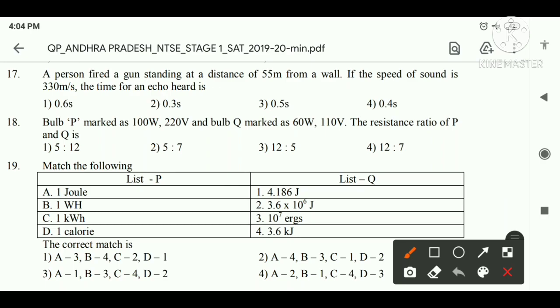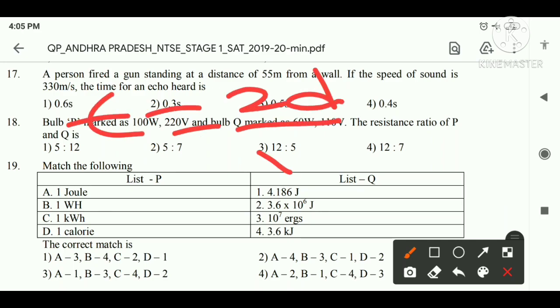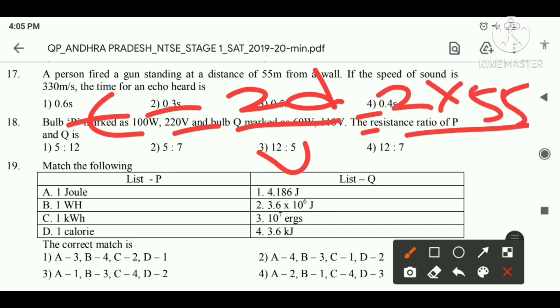Put the value. Here d is the distance the sound wave traveled back and forth, and v is the velocity, t is the time it takes the sound to go back and forth. Here write down the formula. T is equal to 2d by v, because back and forth. So here it is 2 into 55 divided by 330.